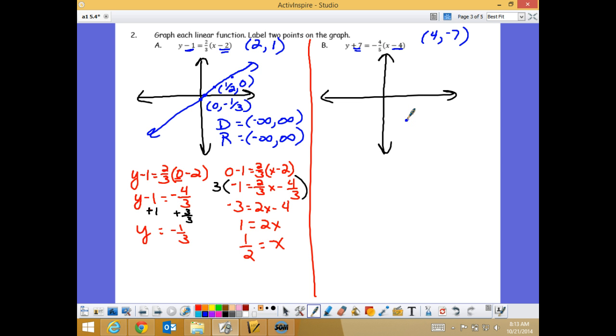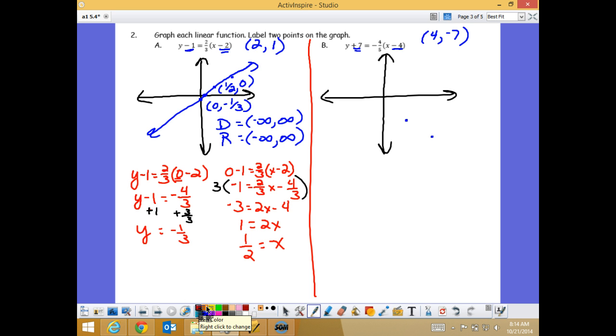And then from that point, we're going to go down 4 and over 5. Put us about in that vicinity somewhere. Again, here's the point (4, -7). So what's going to happen here is we're going to calculate the x and the y intercepts.